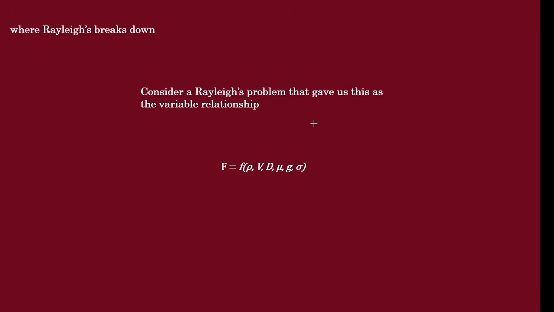Let's look at where Rayleigh's fails in solving dimensional analysis. So consider a Rayleigh's problem that gives us this as the variable relationship. So let's call this some arbitrary force that we're trying to find, okay? And we know that, by the Rayleigh's problem, we're able to identify our variables, and we can say that the force is a function of, so this is going to be density.